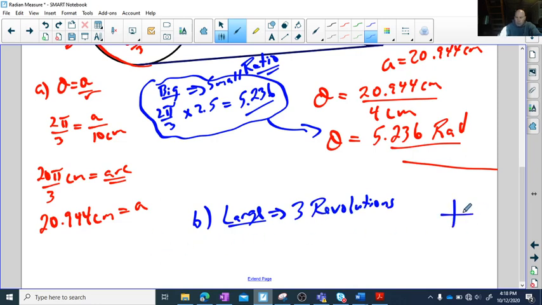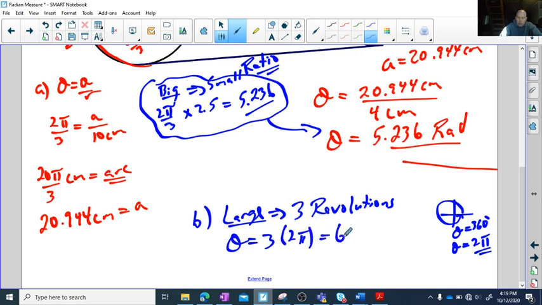Think about something going in a full circle. Well, that angle in degrees is 360 degrees. But in radians, that would be 2 pi radians. So now I'm going to do my angle then, because every 1 revolution is 2 pi radians. So I know that the large wheel is going to rotate 6 pi radians.